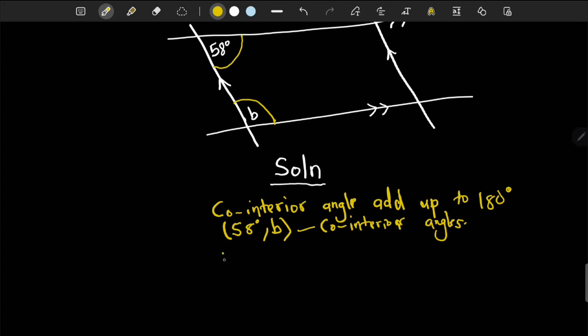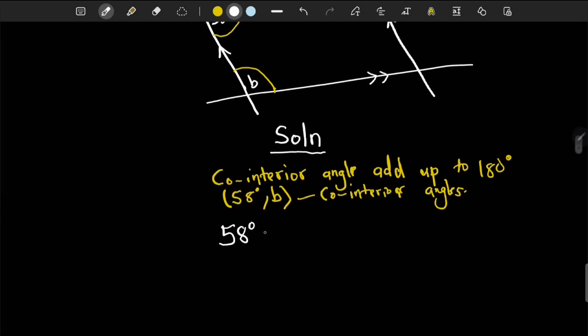So 58 degrees, let me use a different color. So 58 degrees plus B is equal to what? 180, right? Let's make B the subject.